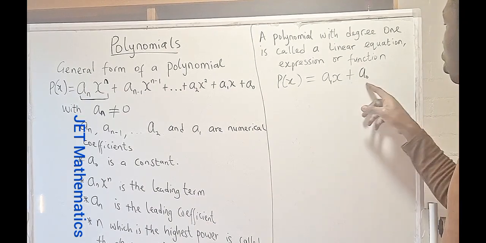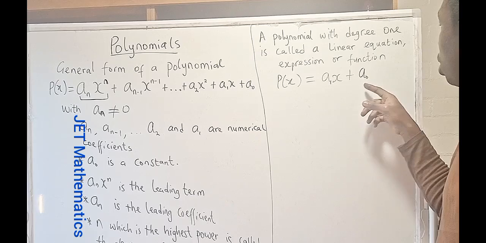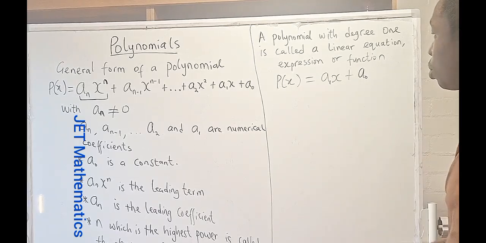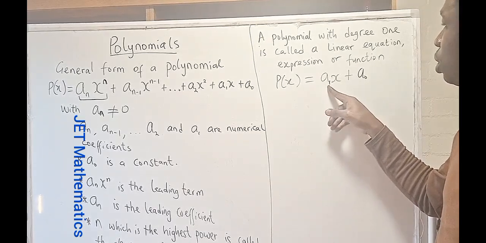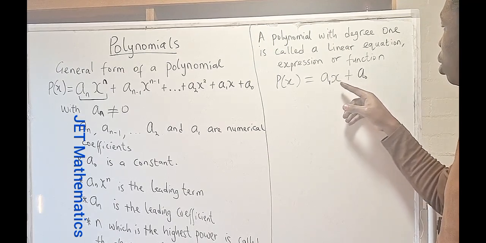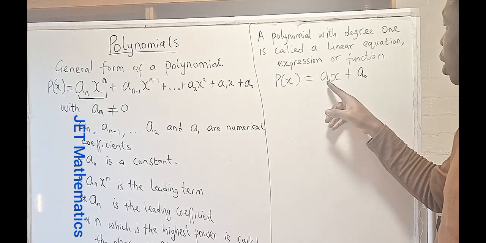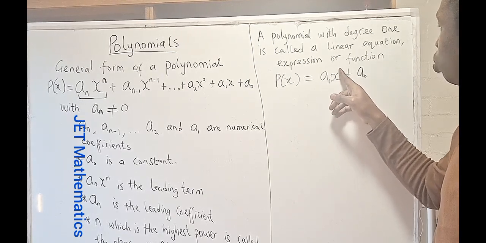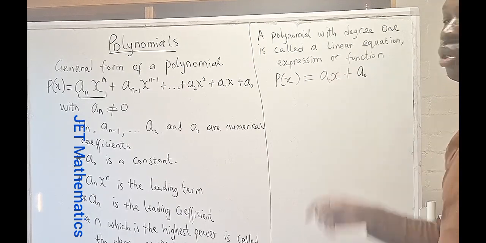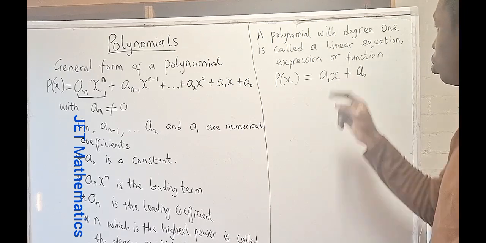So this is a linear polynomial, a linear equation, or a linear function, a_1 x being the leading term, a_0 being the constant, and the degree is 1. The highest power is 1.